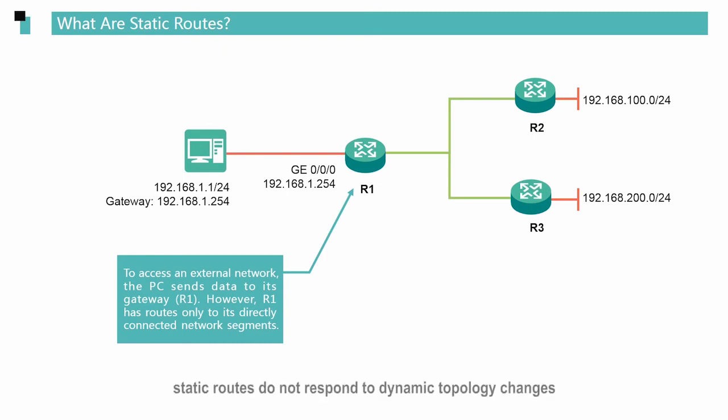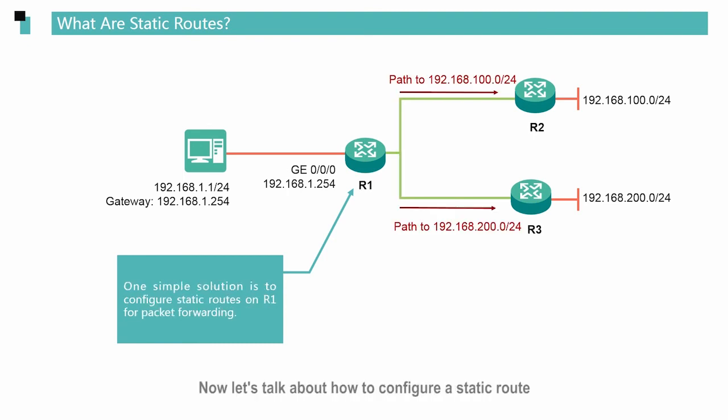In addition, static routes do not respond to dynamic topology changes. For example, if the network segment 192.168.100.0/24 becomes unreachable, R1 is not aware of it and keeps sending packets to R2. As a result, packets will be lost.